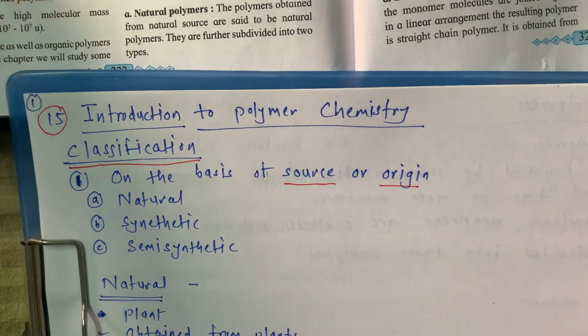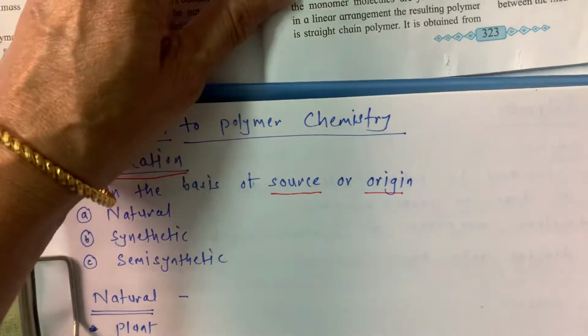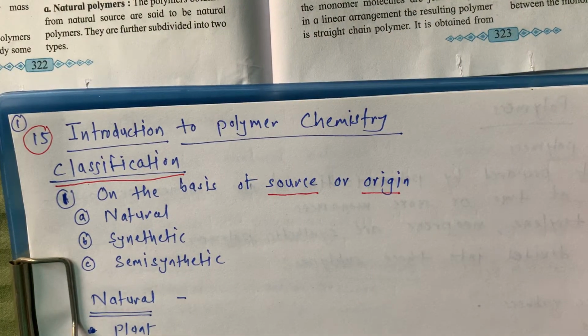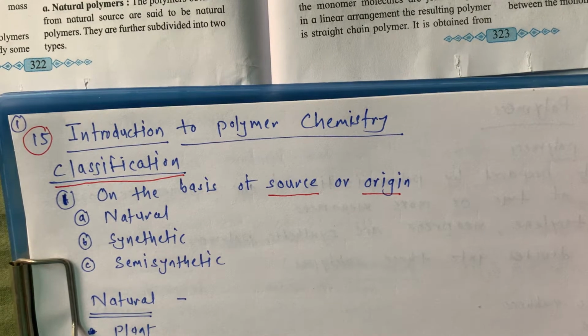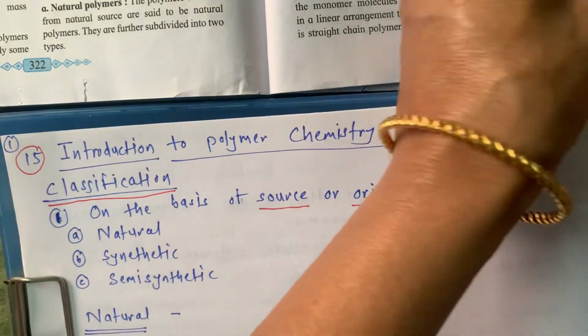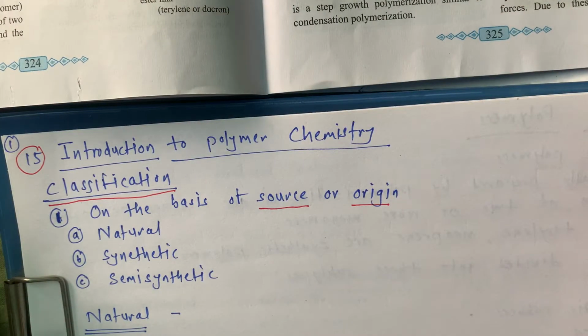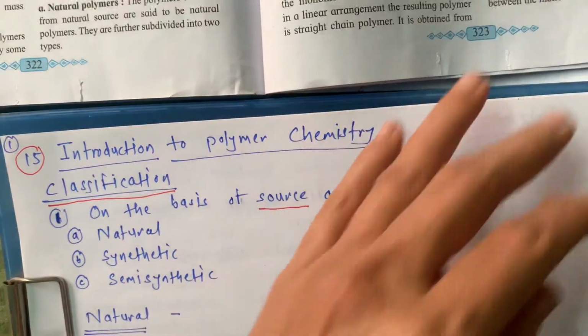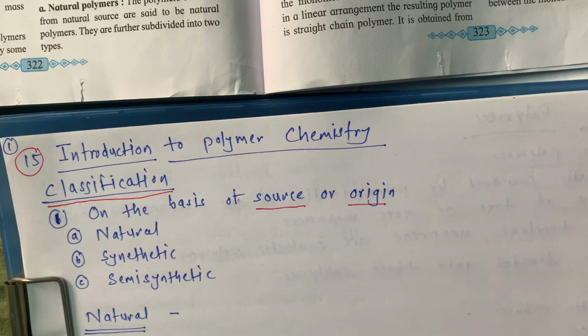Next is on the basis of structure. Then it is on the basis of mode of polymerization. Means we are going to study three types of classifications, based upon their source, their structure, and their mode of polymerization.